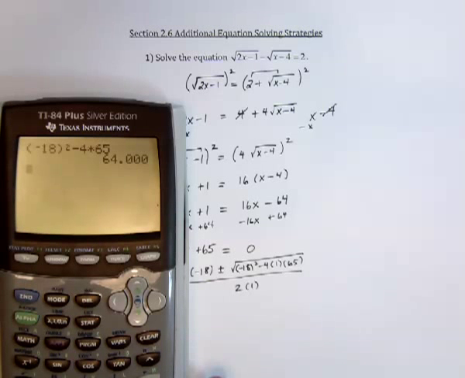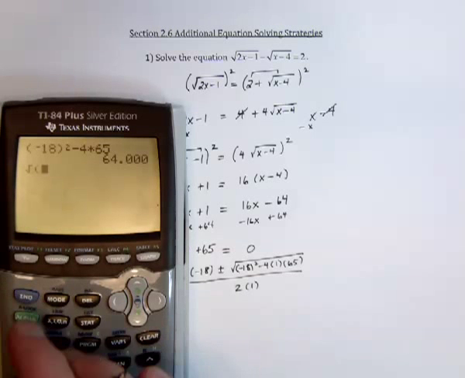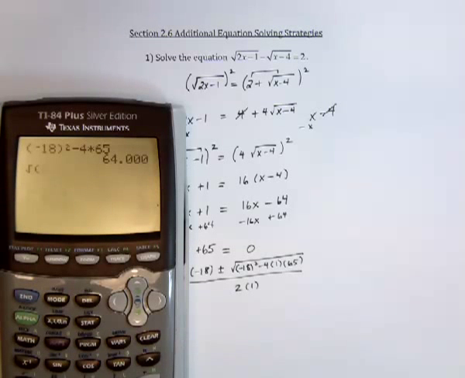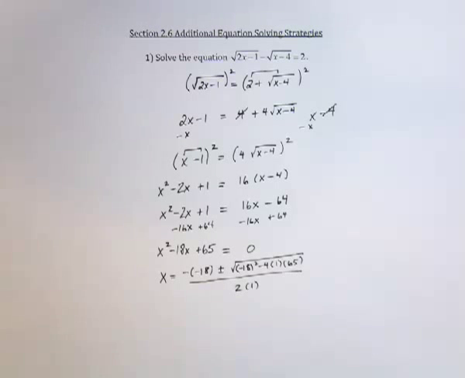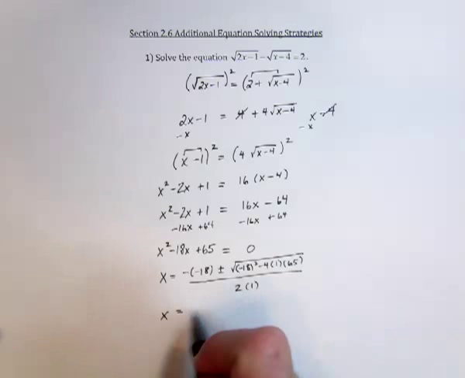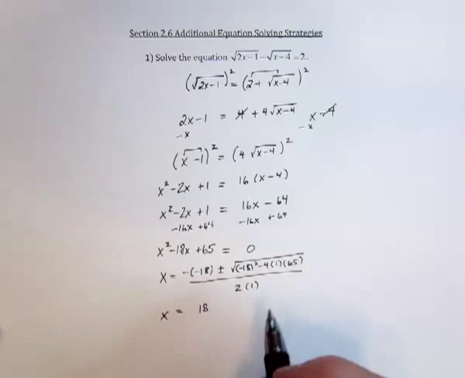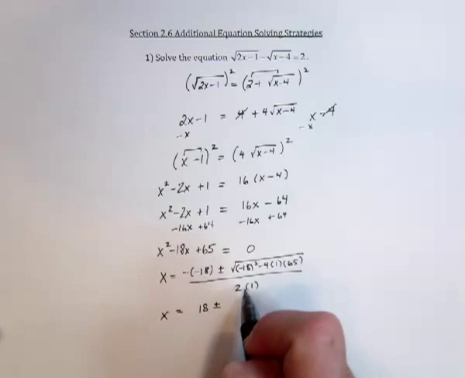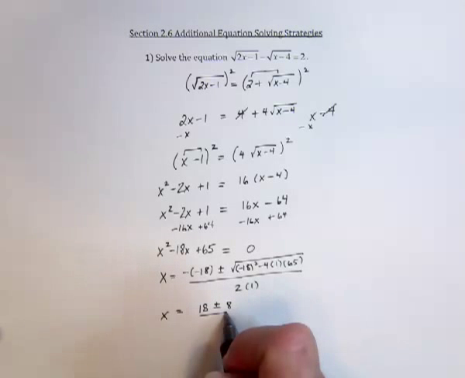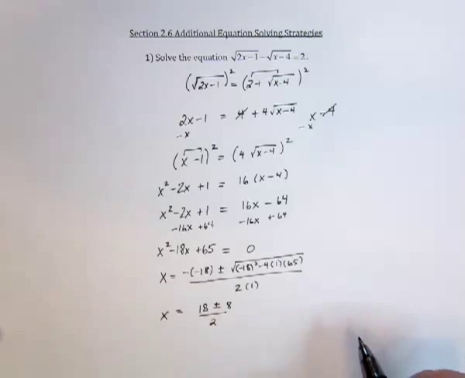Wow, that worked out nicely, because then we can take the square root of that answer. The square root of 64 works out very nicely. So we've got x is equal to positive 18 plus or minus the square root of 64, which is 8, and then divided by 2.